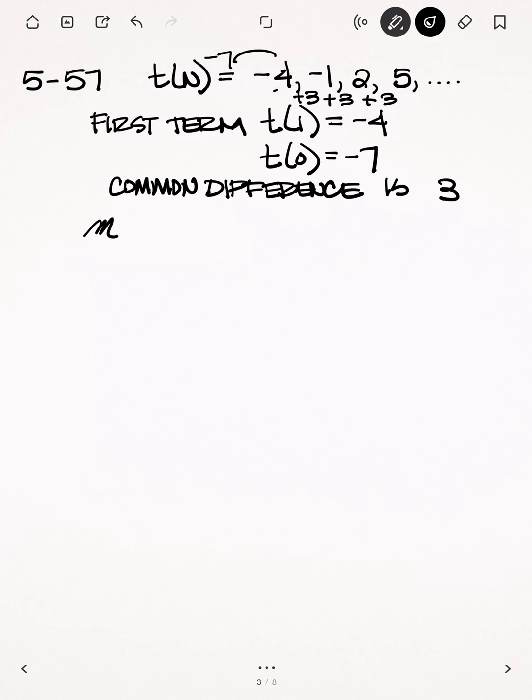Well, m and b. We know m is the common difference. It's how much it's growing, so that's 3. And b would be my 0 term, so that would be -7. So my equation would be t of n is equal to 3n minus 7.